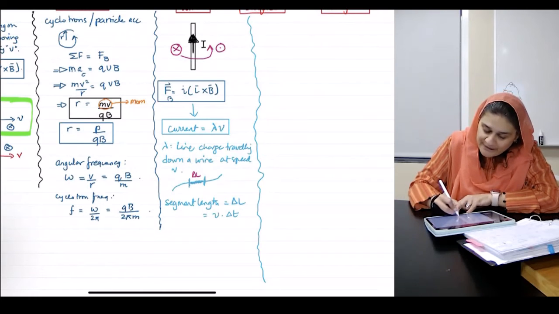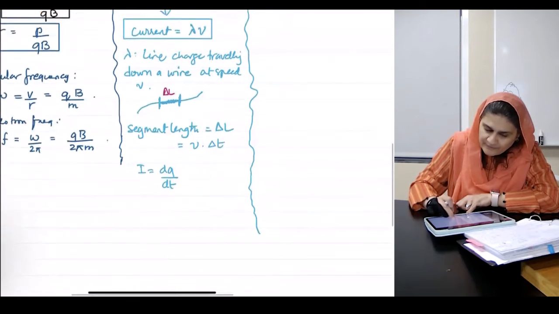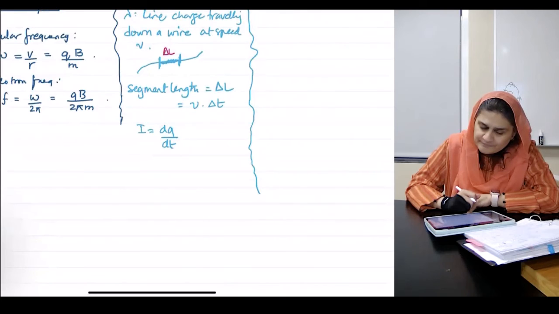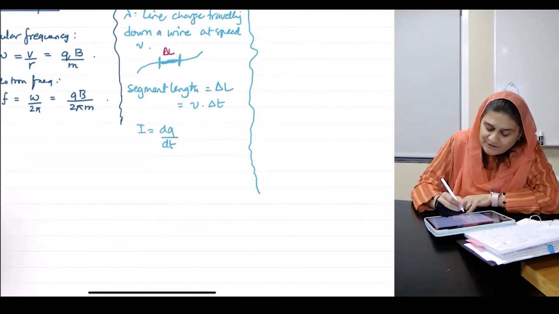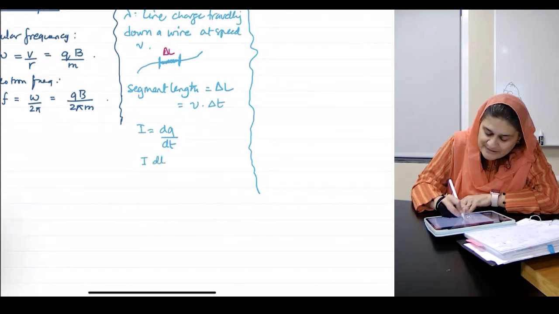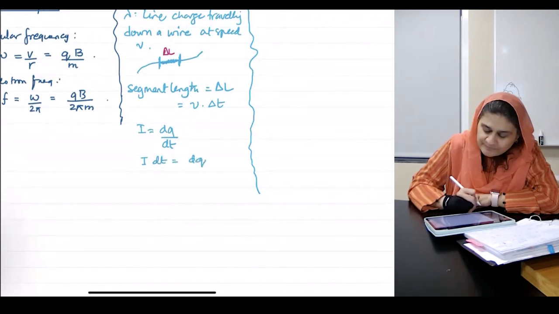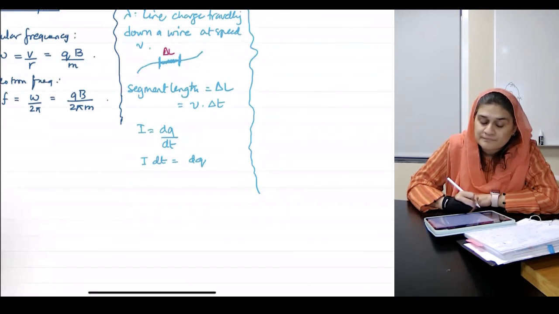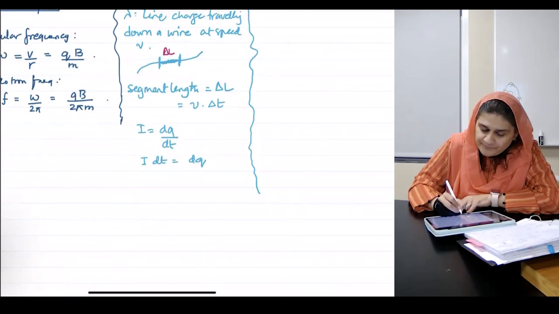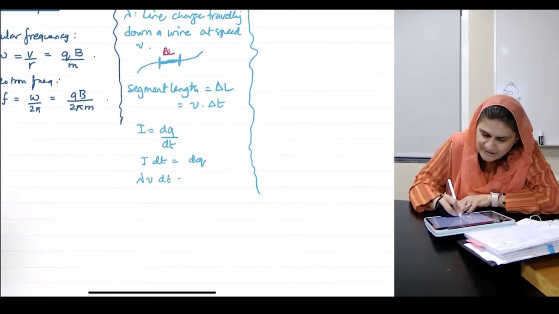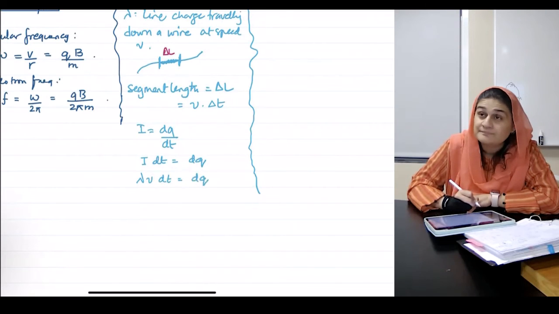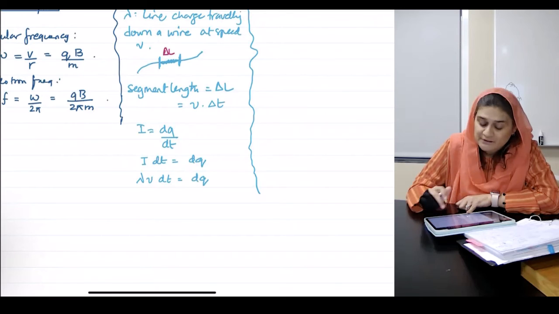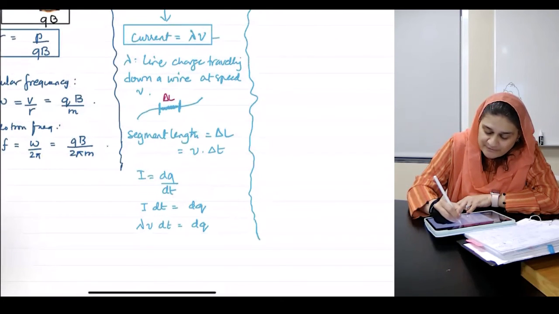And if I define my current as dq over dt, may I also say I dt equals dq? Or may I say lambda v dt equals dq? Because of my definition up here of current.